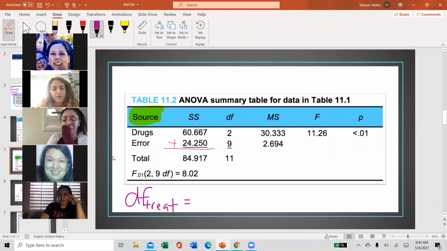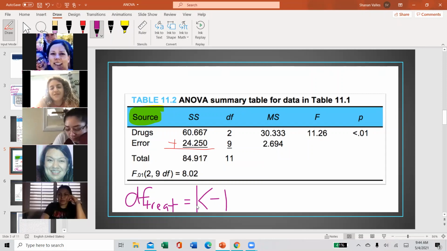This one is found by K minus 1. Oh my gosh, I lied to you, right? I always said it's going to be N minus 1. Well, in this instance, it's not.